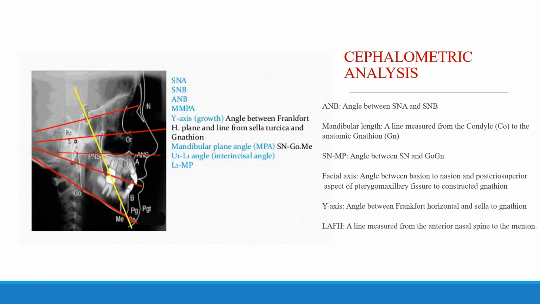We take A and B points, the angle between SNA and SNB, and mandibular length, a line measured from condyle to anatomic gnathion.